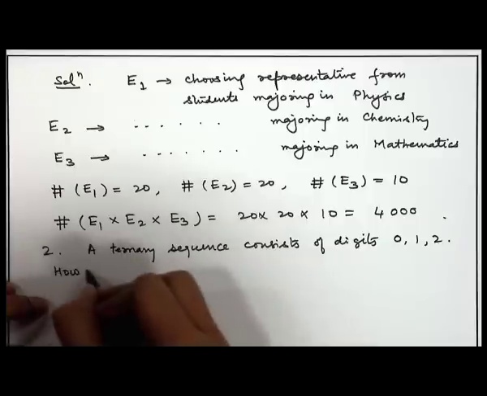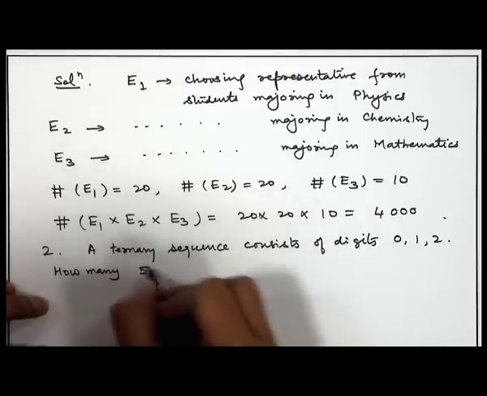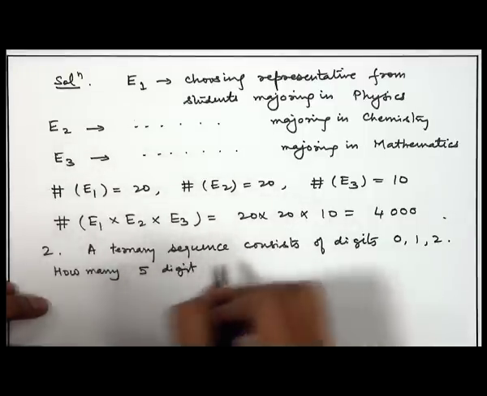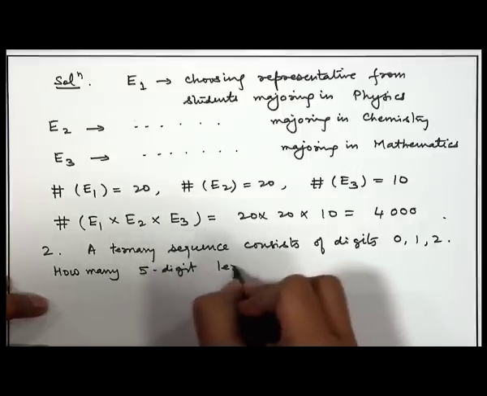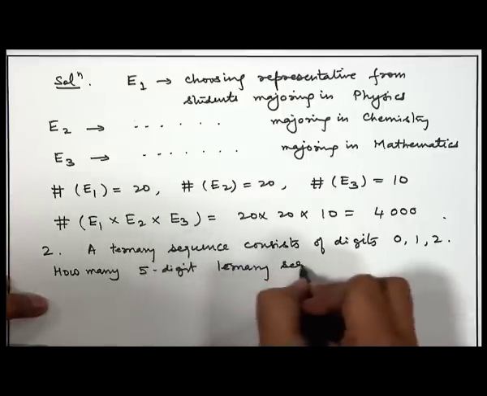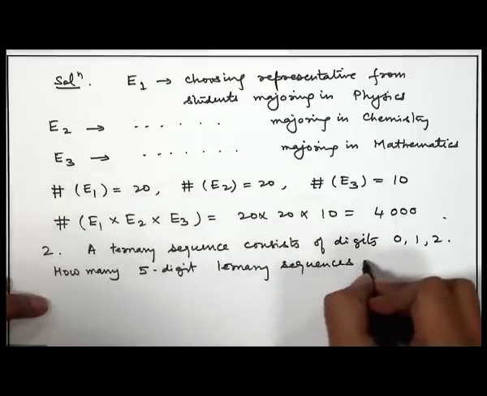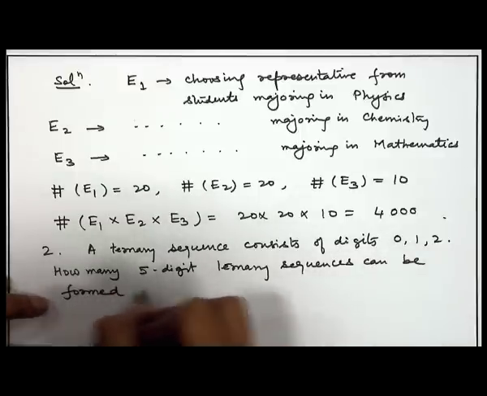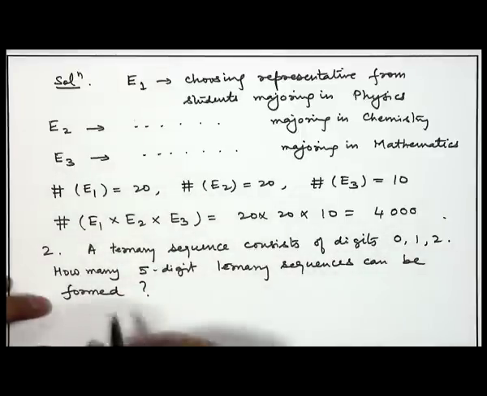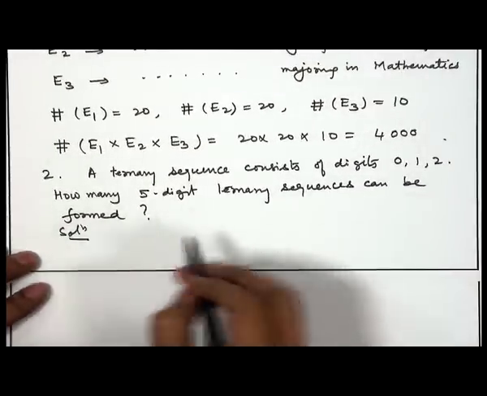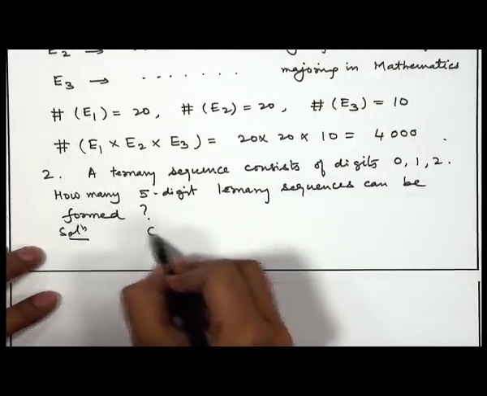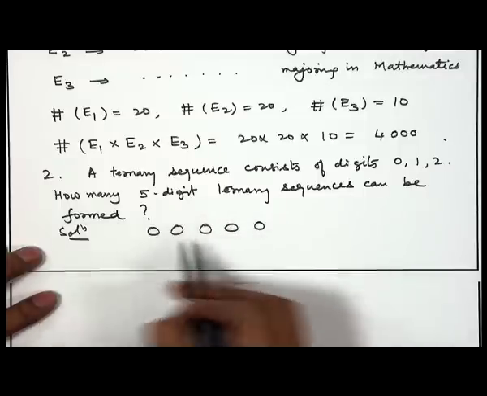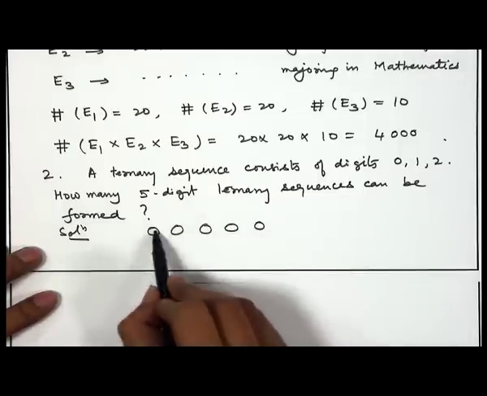So, how many 5-digit ternary sequences can be formed? Now you see I am considering a 5-digit ternary sequence. So, these are 5 places here.